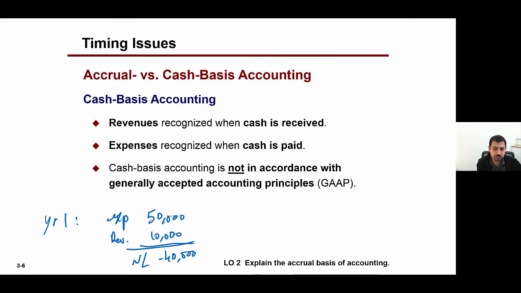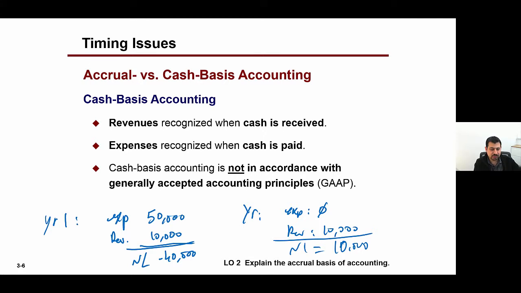Now this is a little bit misleading, because in year two, the company would have expenses of 0 and revenues. Let's assume that they also get 10,000. In this case, they have net income equal to 10,000. Now this is assuming that there are no other expenses.